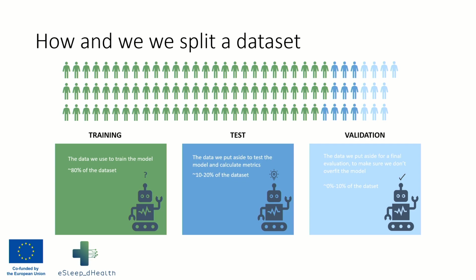And again, there are different approaches on how to do this. Should this be random? Should this be stratified? That's something I will show you in a few slides. Again, this is only a shallow insight into machine learning.